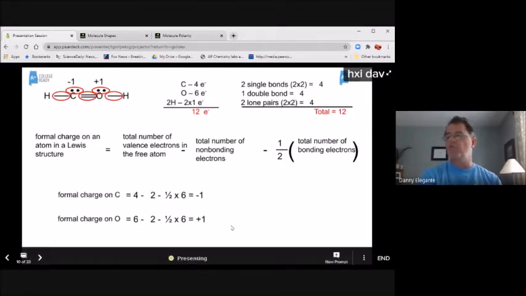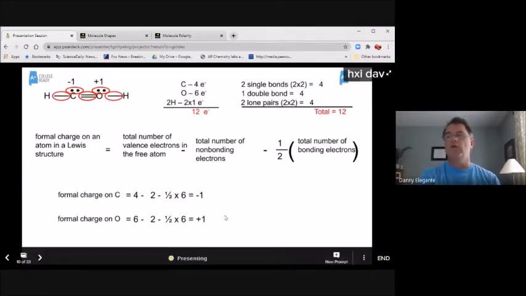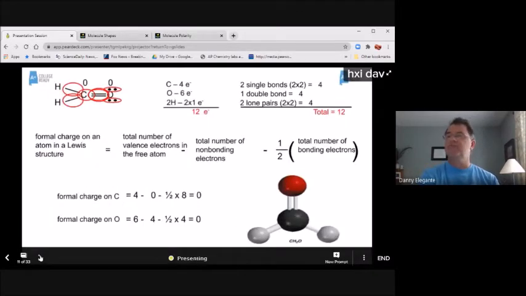So we ended up with a formal charge of carbon of -1 and a formal charge of oxygen of +1. So what's a better Lewis structure, the one we had before or this one? Turns out the one we had before is much better, because the formal charge of carbon ends up being 0, and the formal charge of oxygen ends up being 0.